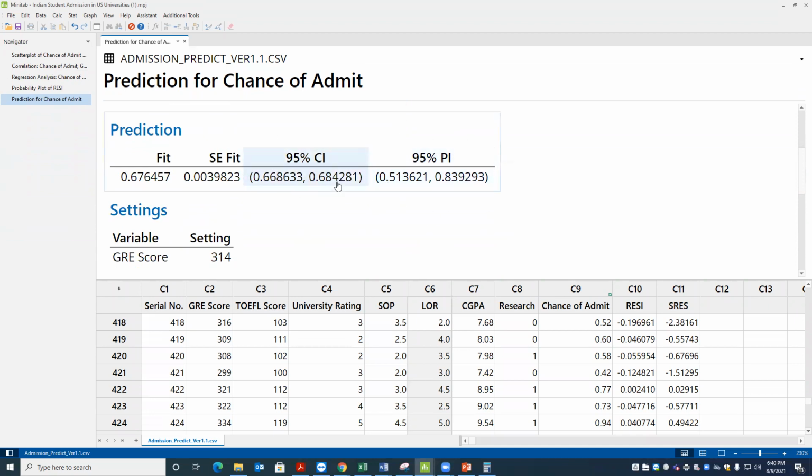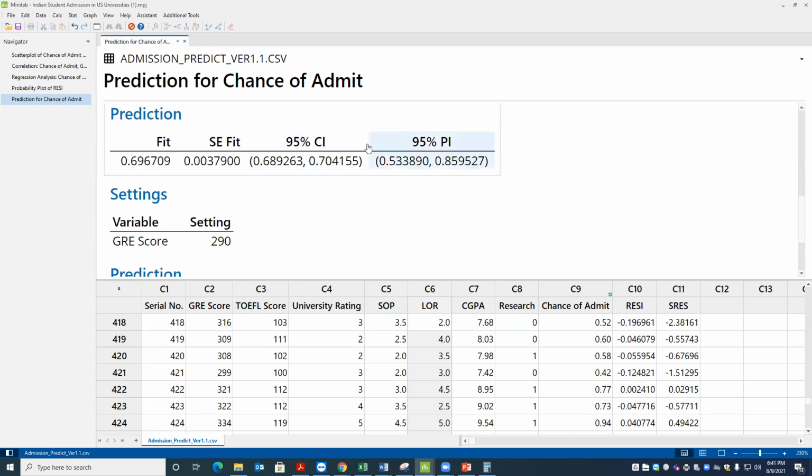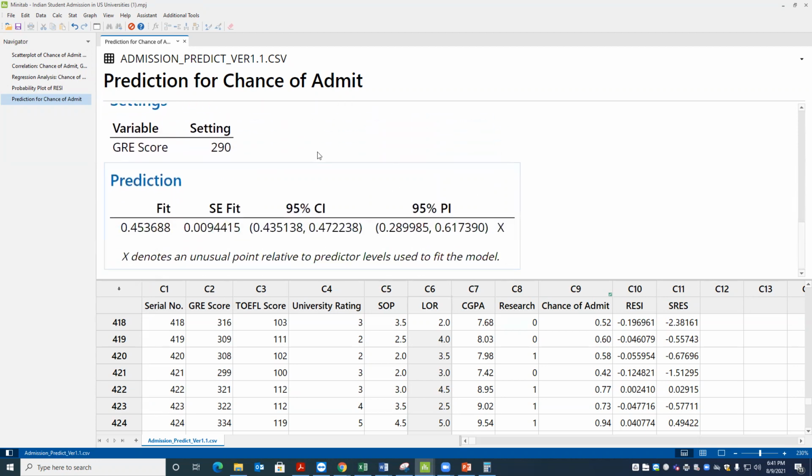The confidence interval is based on the true population, and the prediction interval is about predicting individual values, which has a wider range. The confidence interval is more precise.